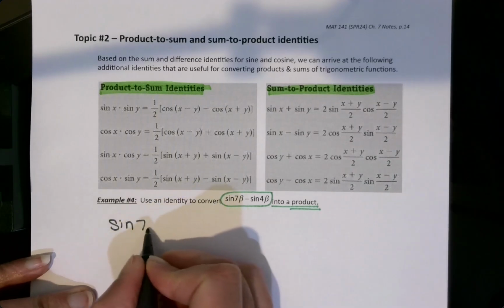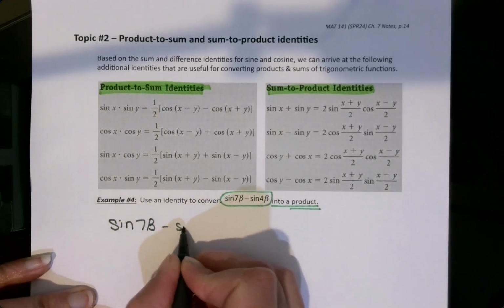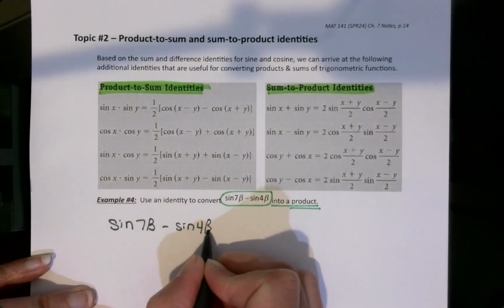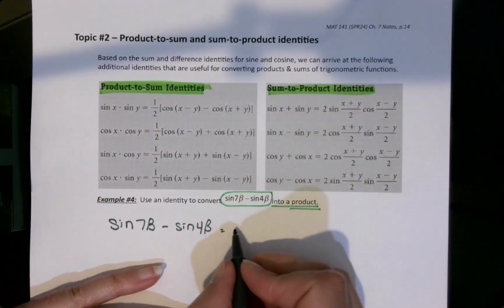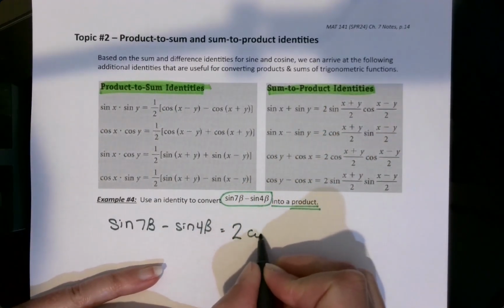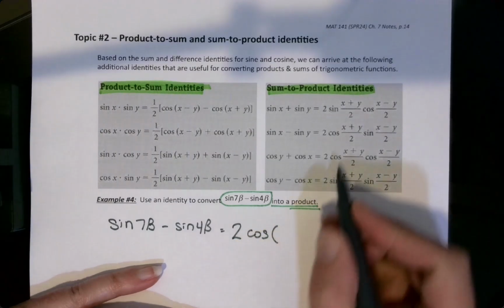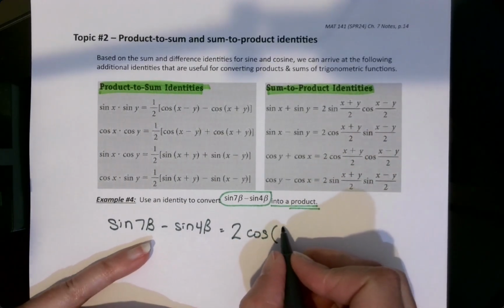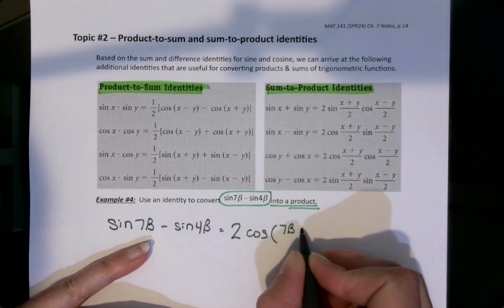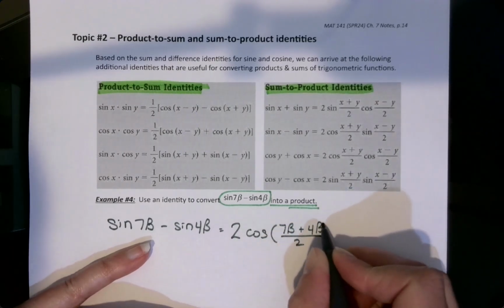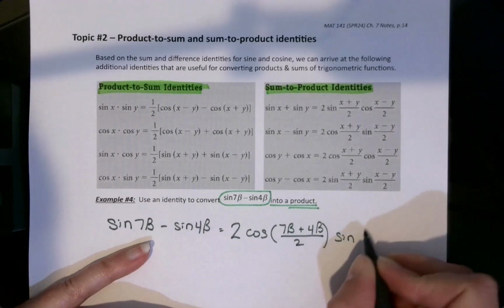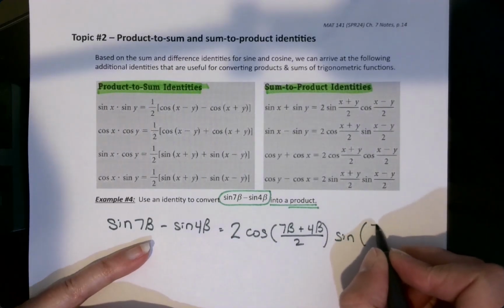So our sine of 7 beta minus the sine of 4 beta turns into 2 cosine of x plus y. In this case, x is 7 beta, plus y is 4 beta, over 2, times the sine of x minus y.